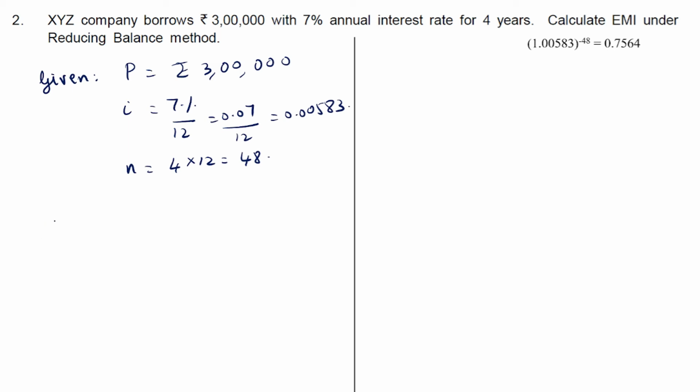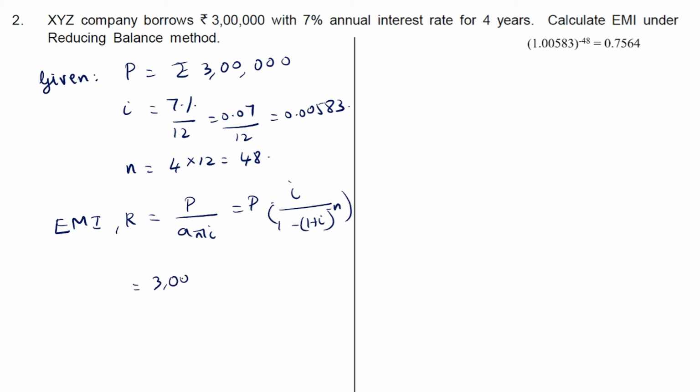Now we have the formula. EMI R equals P upon A angle N at I rate per period. It is P into I upon 1 minus 1 plus I the whole raised to minus N. When we substitute each of these values, we will get the answer.